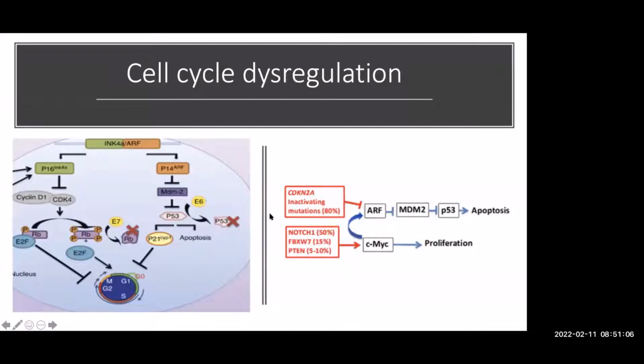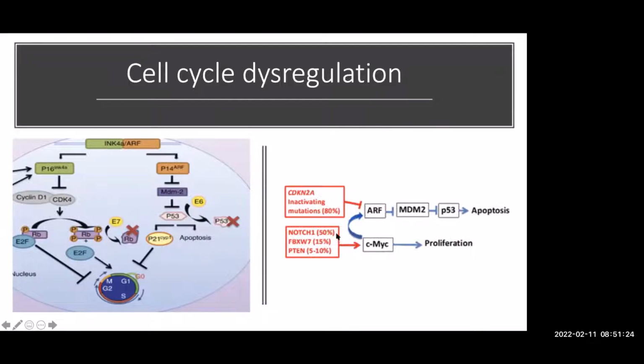When there are inactivating mutations in cyclin dependent kinases, this process is inhibited and cells can have uncontrolled proliferation through increased function at G1 and S phase.